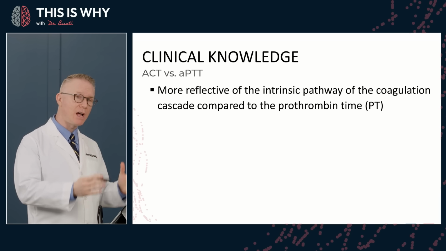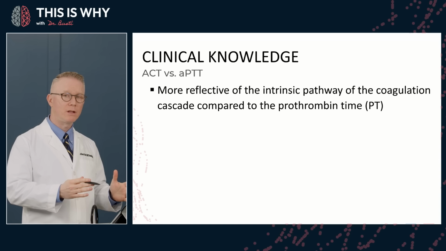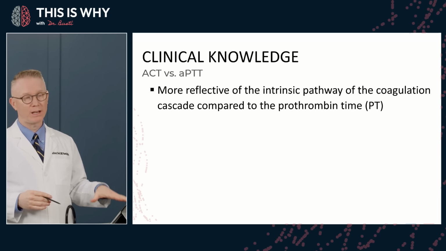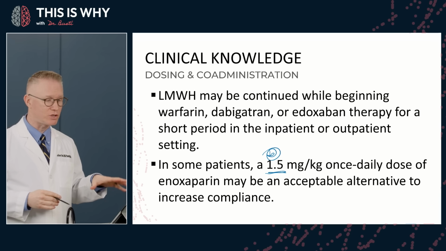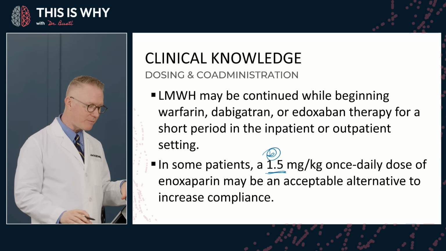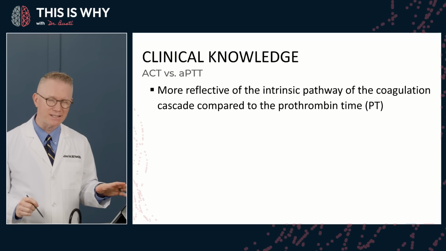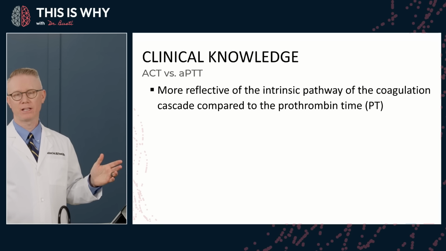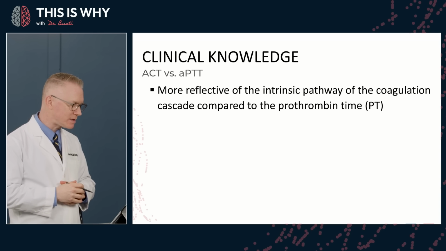Well, mainly in the context of unfractionated heparin, that's where we're monitoring things. For low molecular weight heparin, yes, we can do anti-10A levels, assuming your facility has that capability. Okay, but the reality is most people sometimes don't have access to that.